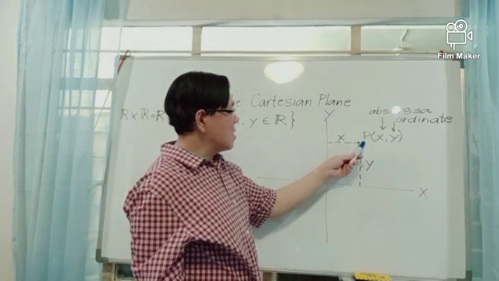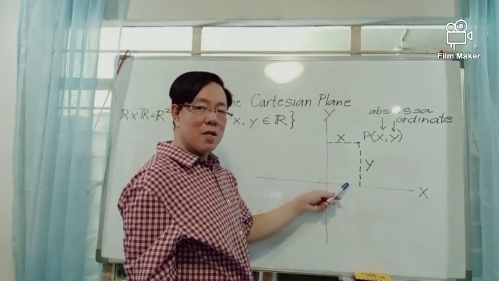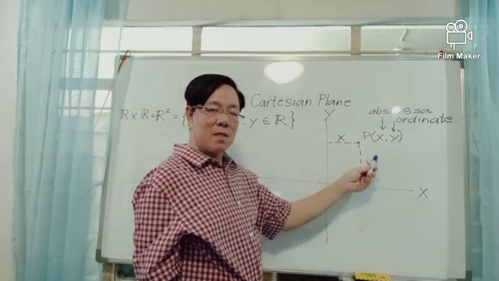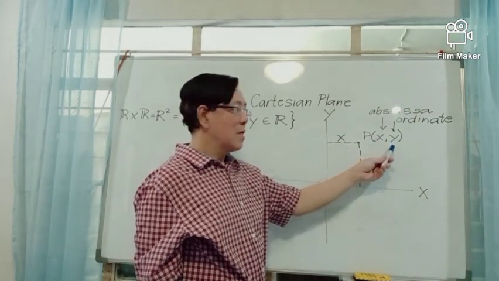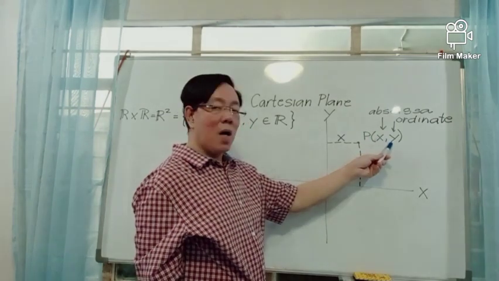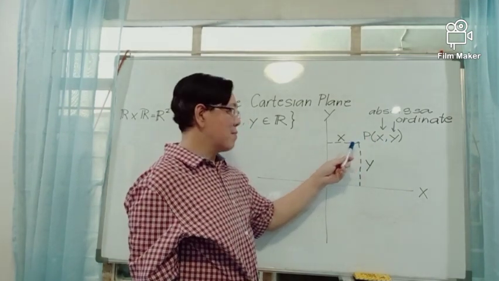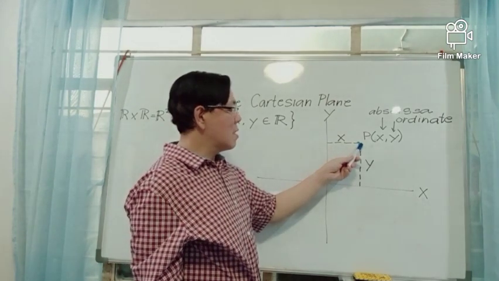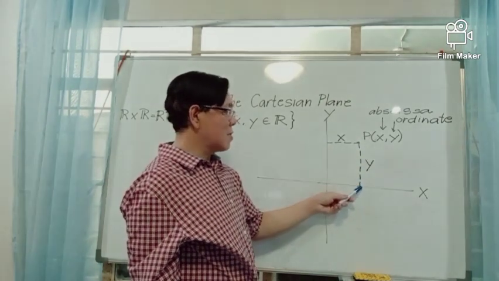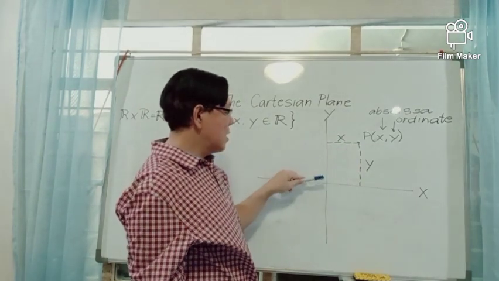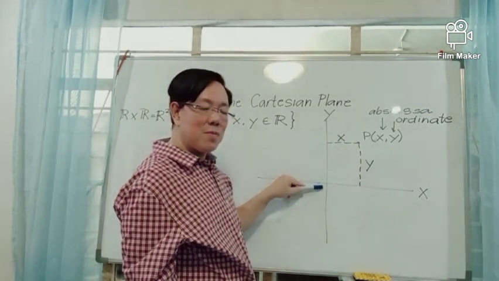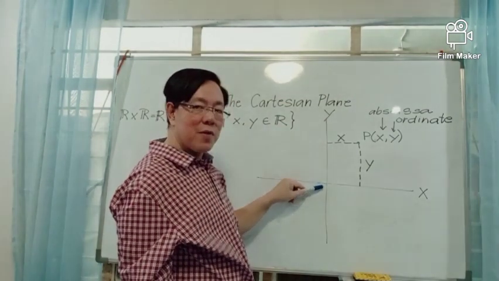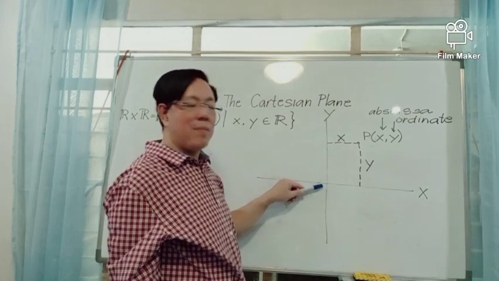Because the point P is above the horizontal axis or the x-axis, the ordinate of P in this example is positive. If the ordinate y of the point is positive, that means the point is above the horizontal axis or the x-axis. The numbers above this point of intersection of the two axes are positive.